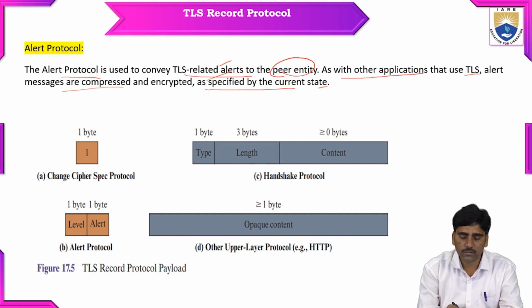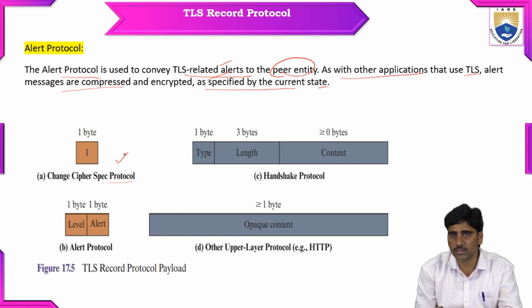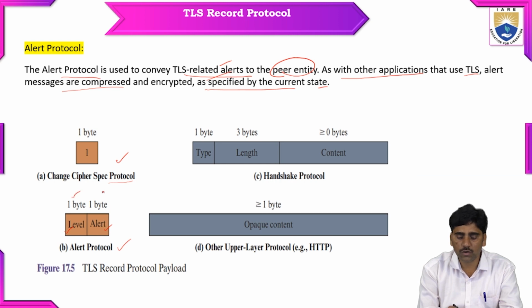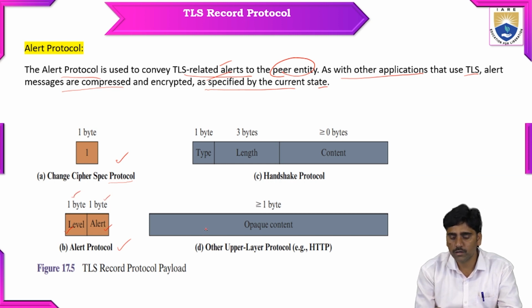So here the change cipher spec protocol contains one field, which is 1 byte in size. The second one is the alert protocol, which has two fields, level and alert, each 1 byte in size. The third one is the handshake protocol, which has three fields, type, length and content, with sizes of 1 byte, 3 bytes and greater than or equal to 0 bytes.